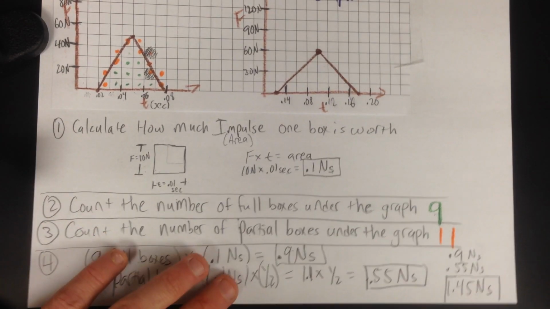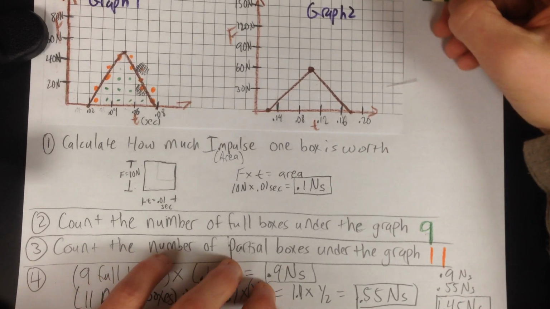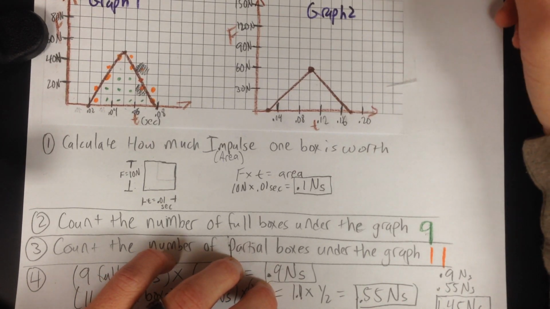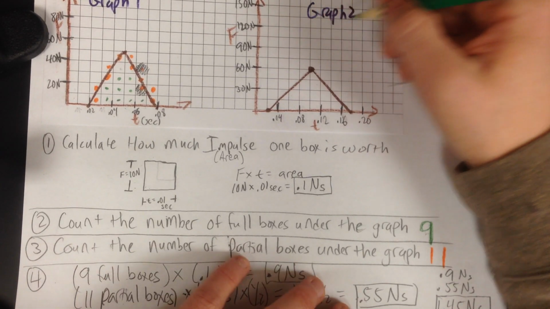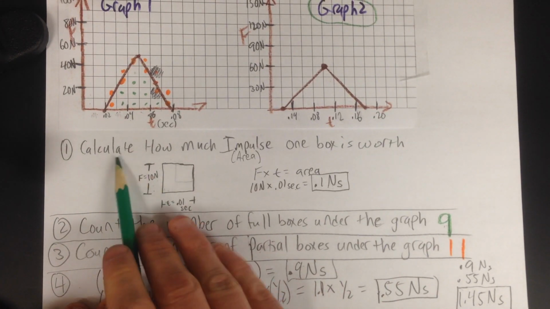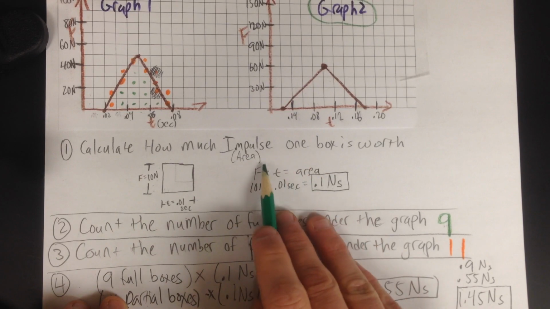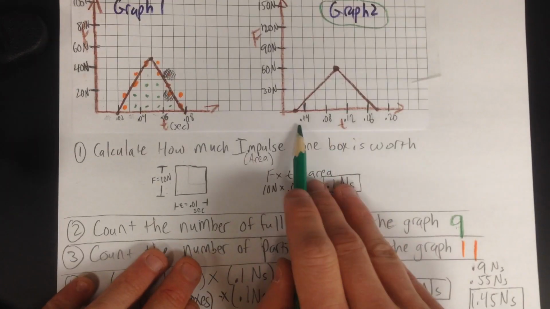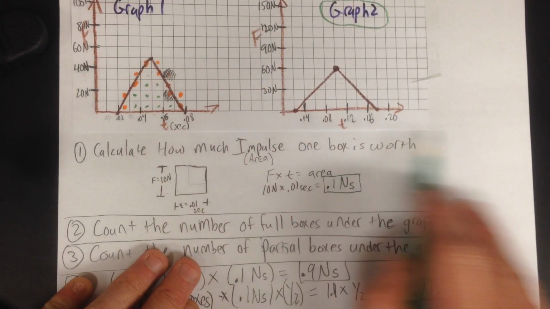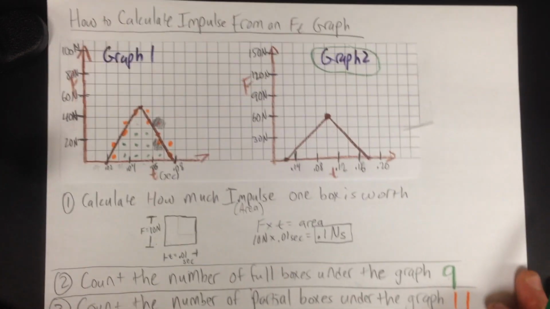Now, what I want you to do, and if this goes to homework, it goes to homework, alright, is I want you to do graph 2. You've got to start with step 1, okay? You've got to say how much impulse is one box worth. Notice that the times and the forces are different, okay, on this one.